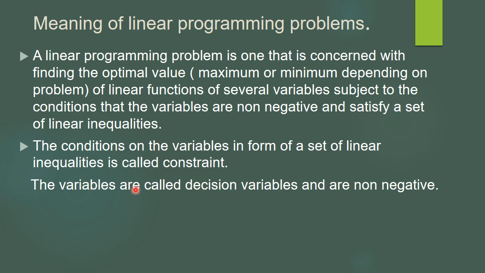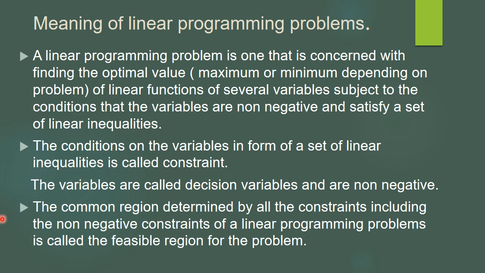Those conditions on the variables, in the form of a set of linear inequalities, are called constraints, and the variables are called decision variables and are non-negative. So the conditions are called constraints and they are normally inequalities.